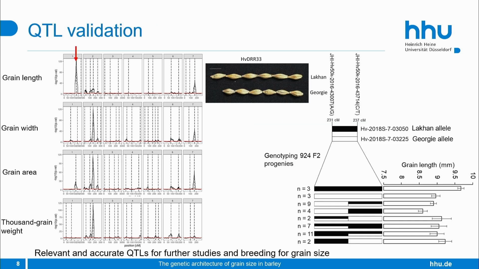We also did a QTL validation. For this, we chose one of the major QTLs on chromosome 1. And what we did was we selected one subpopulation, VDR33. It was developed by a cross between a long grain cultivar, Lakhan, with a short grain cultivar, Georgie.